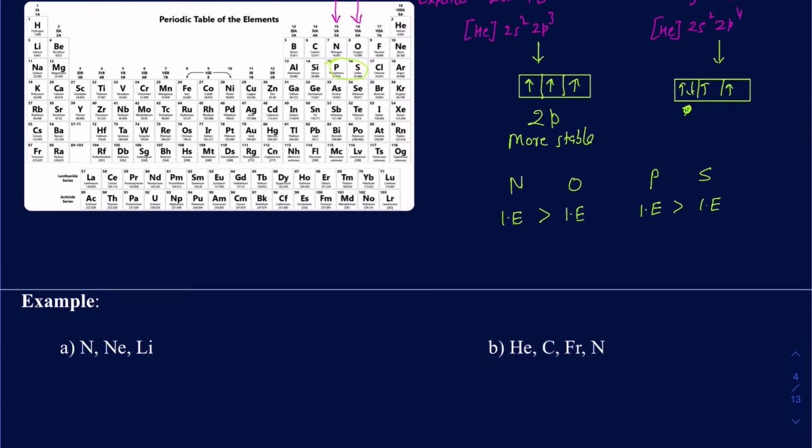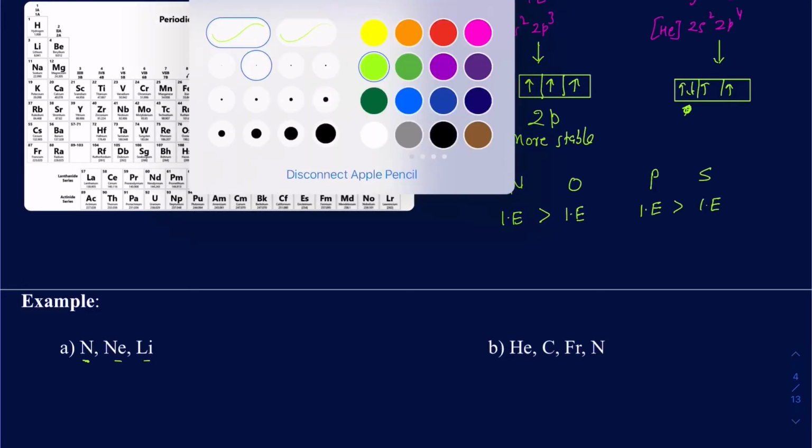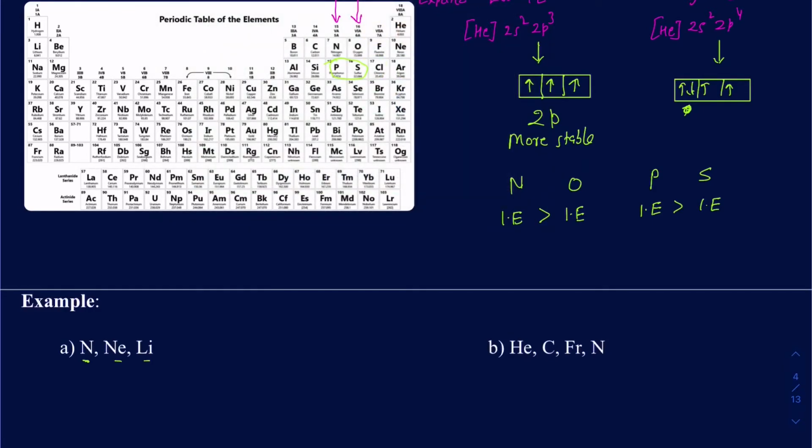So suppose I've got nitrogen, neon, and lithium. They are in the same period here. So we have lithium right there, neon right there, and nitrogen right there. If they are in the same period, what we know is, as we move from left to right, your ionization energy increases.